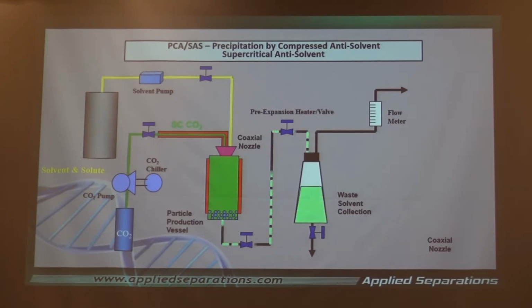So what I did previously is I had the CO2 flowing. Now I've got these flowing at the same time: the CO2 and the solvent and solute flowing at the same time through the coaxial nozzle. If I carry this through here, look at the nozzle.